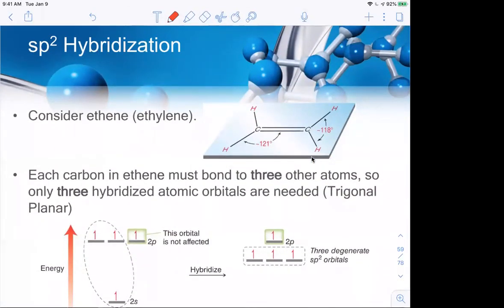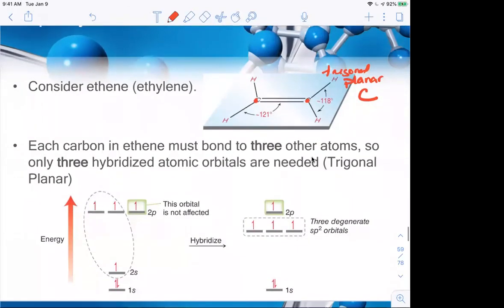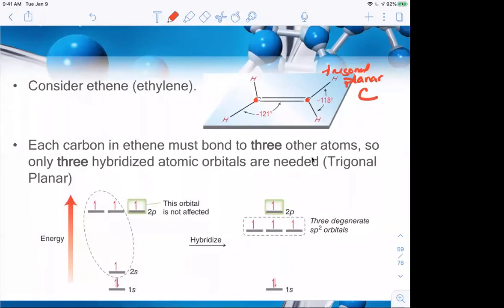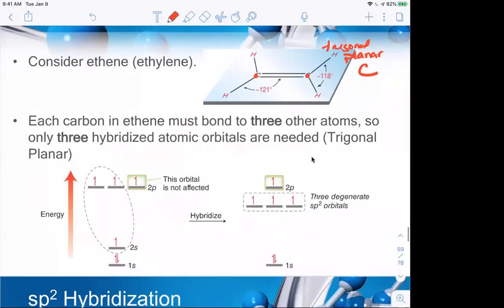sp2, again, is trigonal planar. Consider ethylene, right? This is a trigonal planar carbon atom. This one is, and this one is. So each carbon must bond to 3 other atoms. So I only need 3 hybridized atomic orbitals. Here I'm going to combine the 2s and only 2 of the p's.